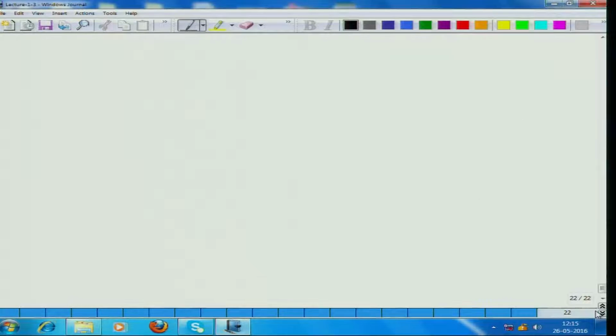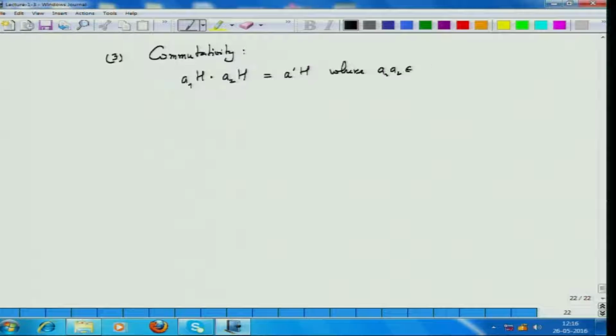Next, what is the next property? Commutativity. Okay. So, we have A1H dot A2H. This follows again almost immediately. It is A'H, where A1A2 is in A'H.